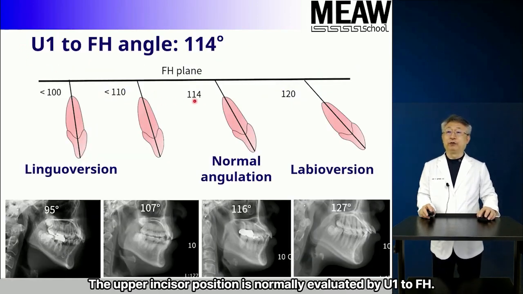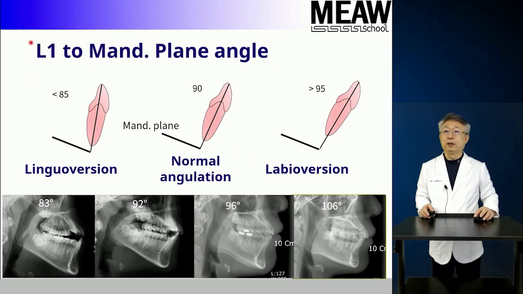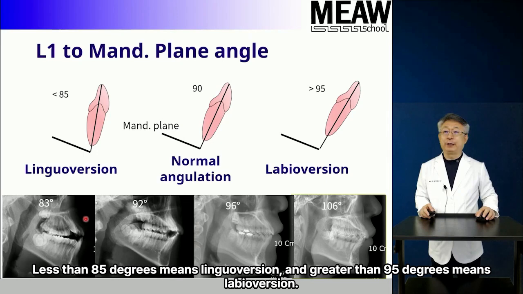The upper incisor position is normally evaluated by U1 to FH. 114 degrees is normal angulation, less than 100 degrees means linguversion, and greater than 120 degrees means labioversion. The lower incisor position is evaluated by L1 to MP, less than 85 degrees means linguversion, and greater than 95 degrees means labioversion.